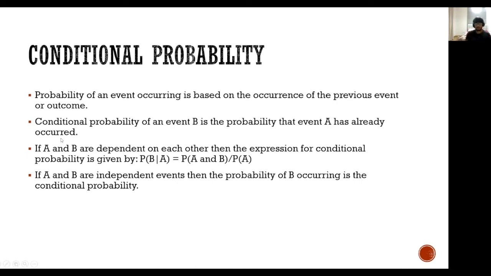If A and B are dependent on each other, then the expression for conditional probability is given by the probability of A and B occurring upon the probability of A. This notation is known as the probability of B occurring if A has already occurred, right? And if A and B are independent events, then the probability of B occurring is simply the probability of B occurring, because it isn't dependent on the probability of A.